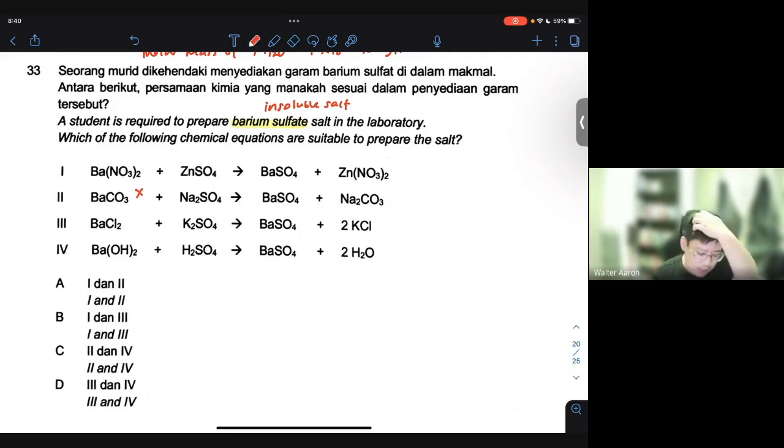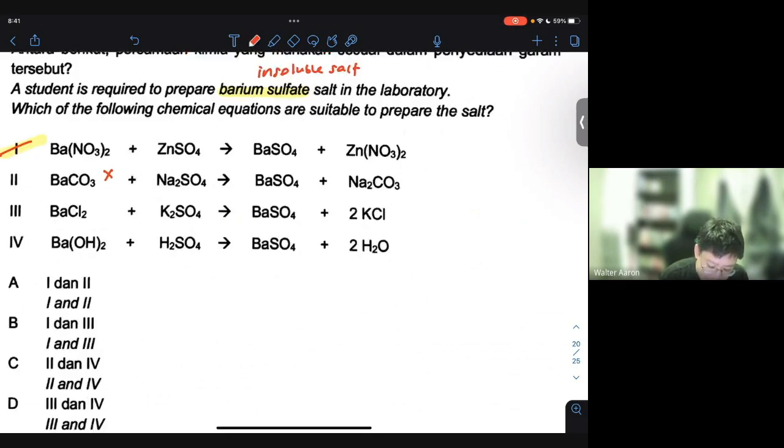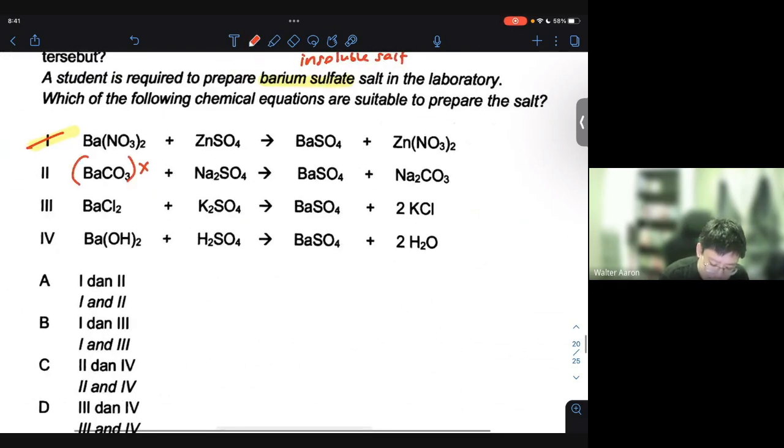Oh, but wait again, then zinc sulfate. You must remember that both of the reactants must be soluble. So in this case, the first one can, no problem. The second one cannot because BaCO3 is not soluble.